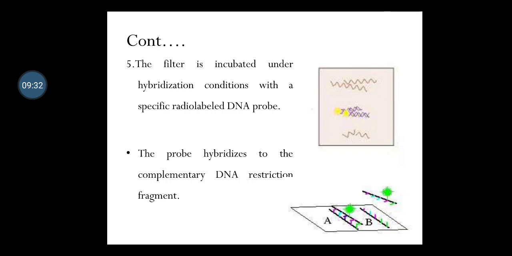The washed membrane is exposed to X-ray film, which depicts the presence of radioactivity in the bound probe. The film is developed to reveal bands indicating the position in the gel of DNA fragments complementary to the radioactive probe, as you can see in both the upper and lower diagrams.